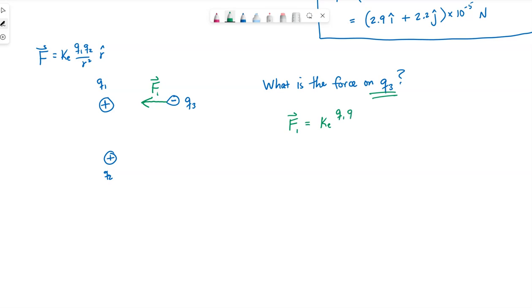The two charges involved here would be Q1 and Q3. So we just want to include the charges that are involved in that attraction. And then R, it needs to be the distance. I'll call this R1. We just need the straight line distance between those two charges. The direction would be the negative x direction, and so I would put that as part of my vector.